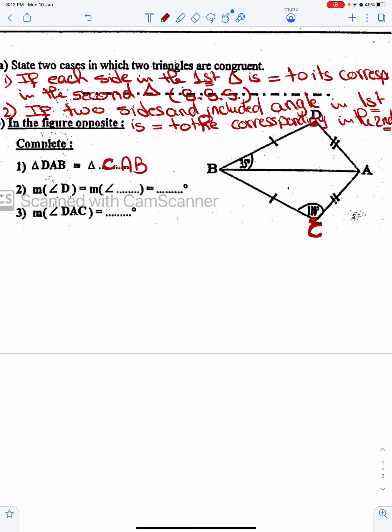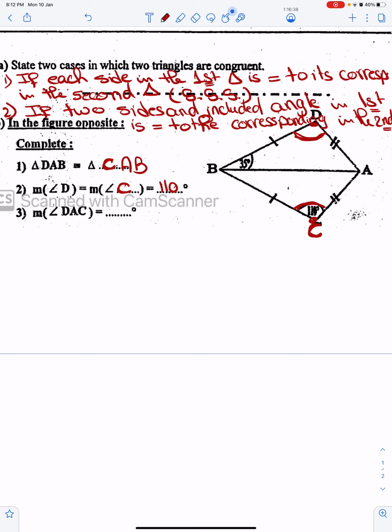So it's congruent to triangle CAB. The measure of angle D is the same as the measure of angle C, which is equal to 110 degrees.